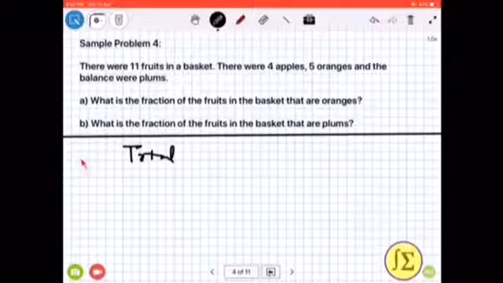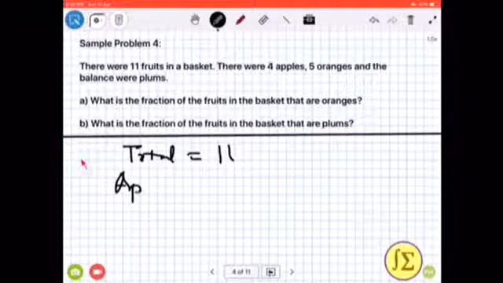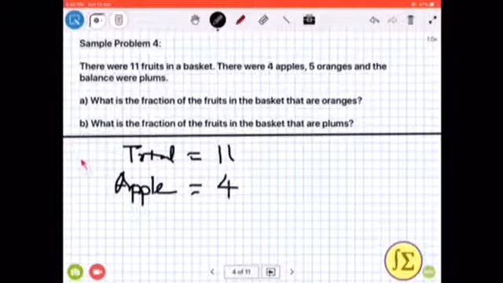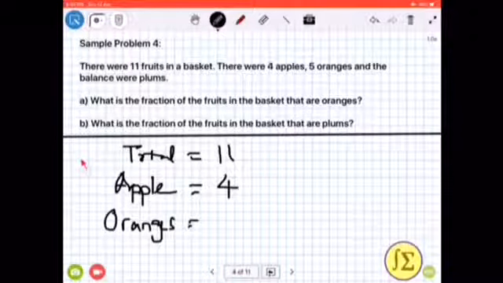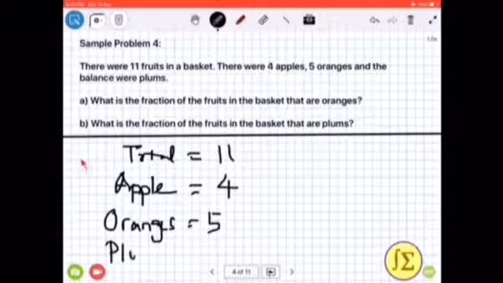This is fractions in terms of looking at the total and the units that make up the total. So the total is 11, apples are 4, oranges are 5, and the balance are plums, which we don't know yet.